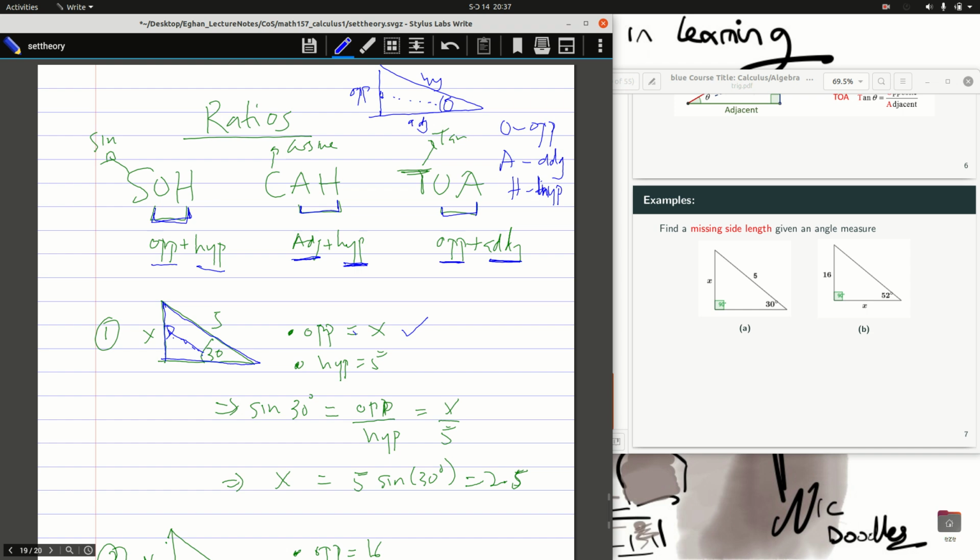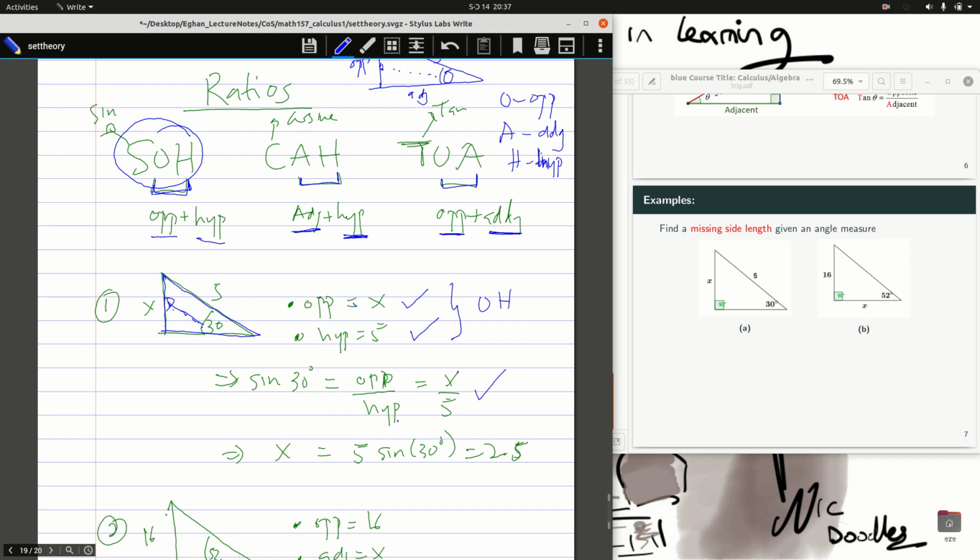I don't have the base, but I have the hypotenuse given as 5. Since I don't have the adjacent, I can't use any formula that deals with the adjacent. If you go to the SOHCAHTOA, there's O and H for these two. It means only the sine can help you solve this problem. And so you take the sine of 30 degrees as opposite over the hypotenuse, so x over 5. And by a simple change of subject, you can find x. You should be able to do this by change of subject, and you're going to get 2.5.